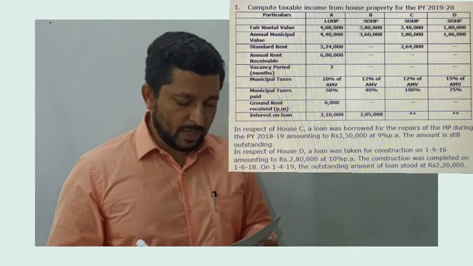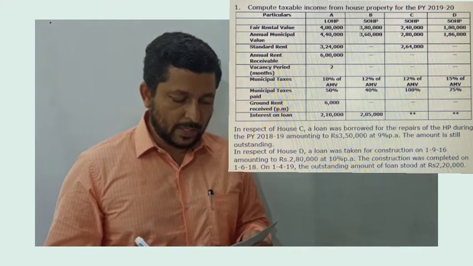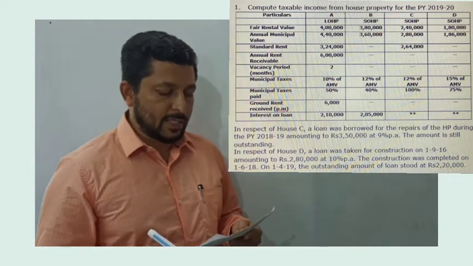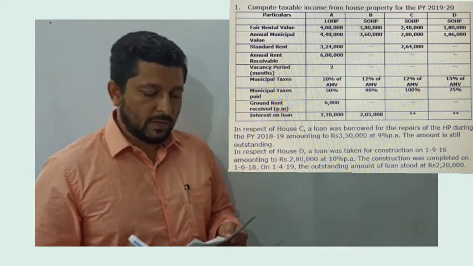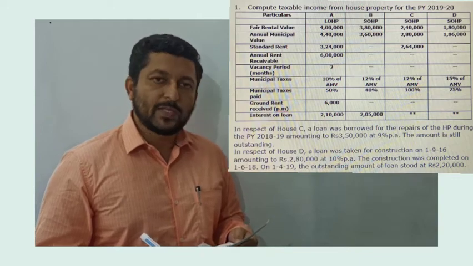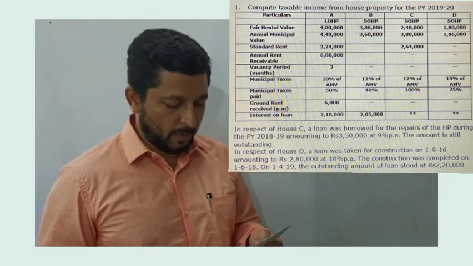On 1st April 2019, the outstanding amount of loan stood at rupees 2 lakh 20,000. So here we will have to compute taxable income from house property for all the four properties A, B, C and D. So how do we begin this particular problem?